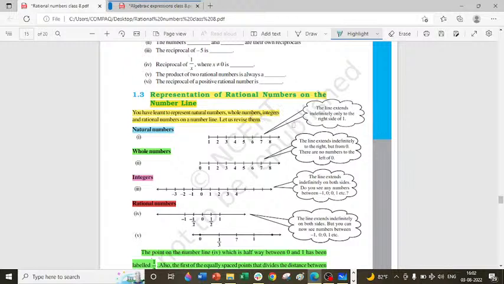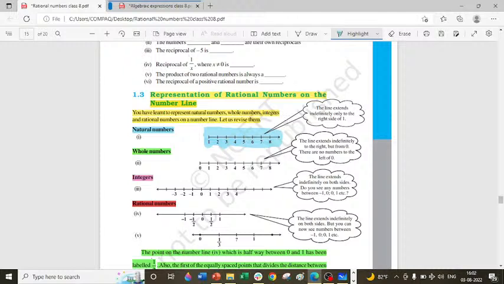You might have learned to represent natural numbers on the number line, like 1, 2, 3, 4, 5, 6, 7, 8. In the figure you can see a number line, the one I have highlighted, with the natural numbers written, and the number line is divided into 8 equal parts.